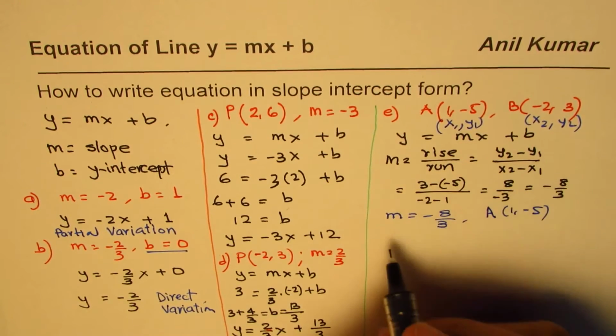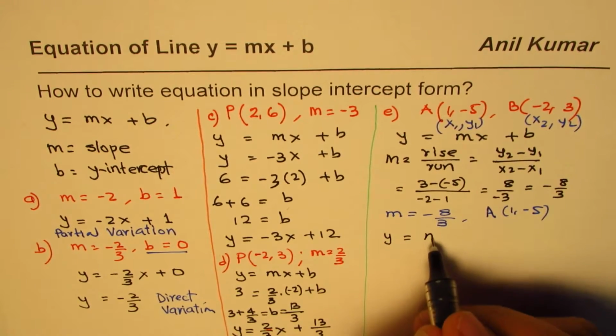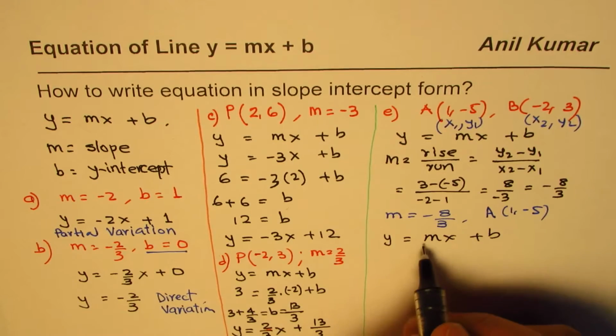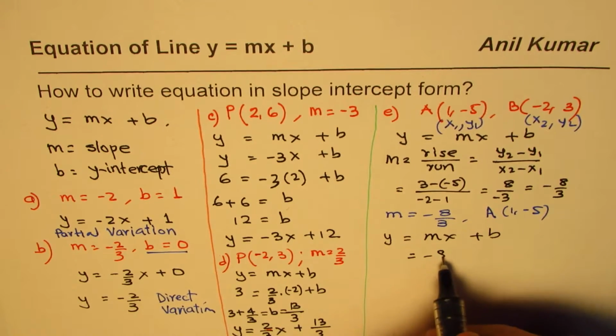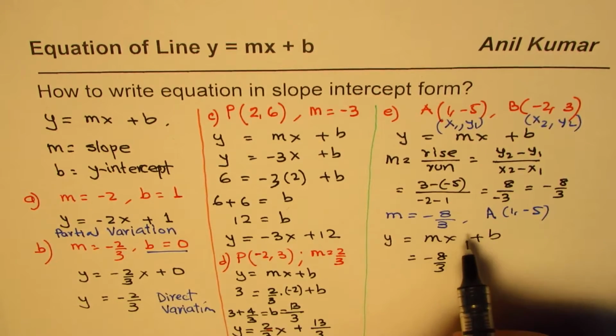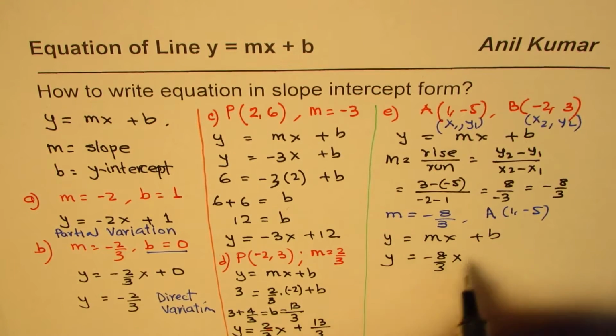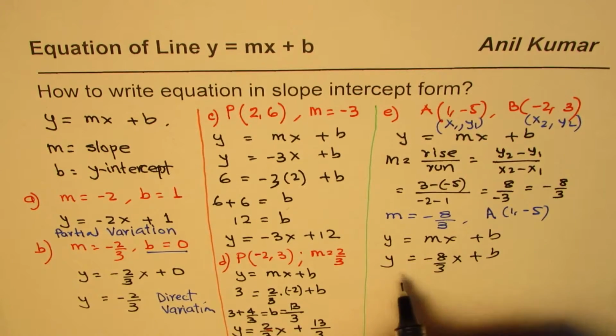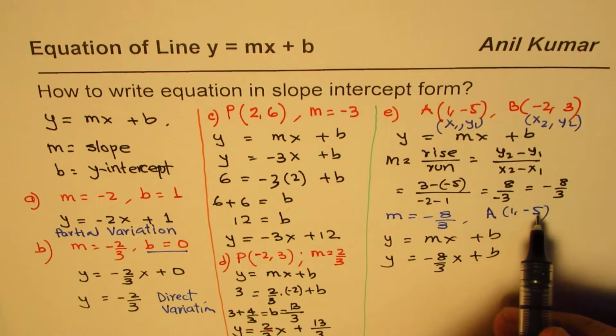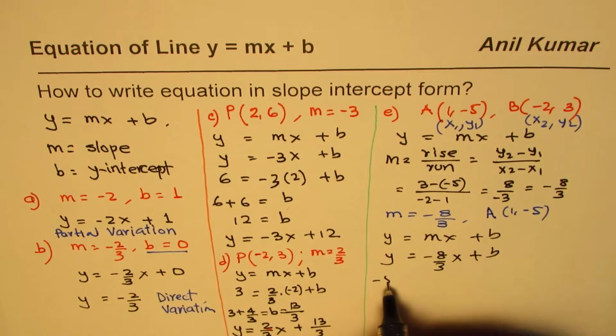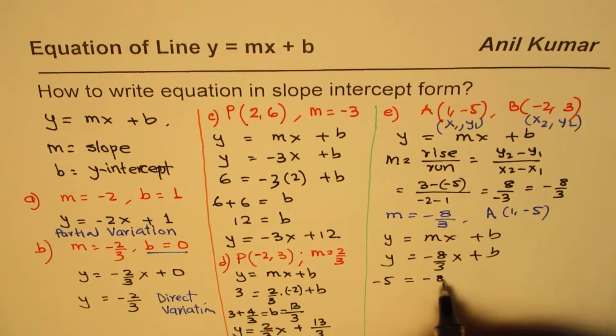We'll begin with the equation of the line as y equals mx plus b, where m is given to us as minus 8 over 3, right? So let's rewrite the equation with just the slope first, and then we'll substitute the point, 1 and minus 5. Minus 5 is the y value. 1 is the x value, okay? So times 1 plus b.